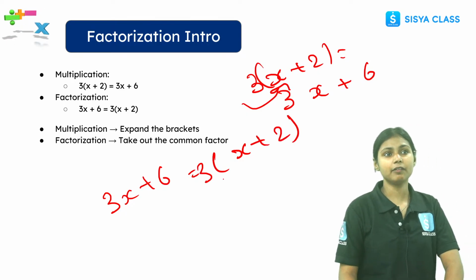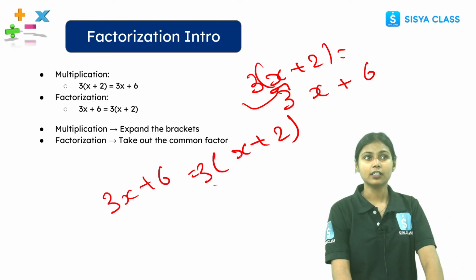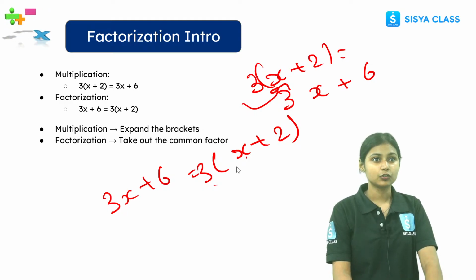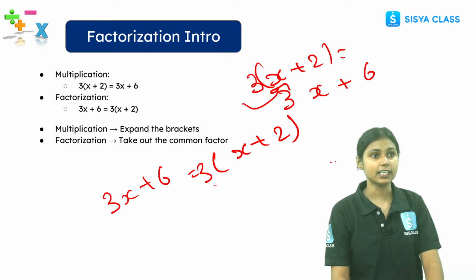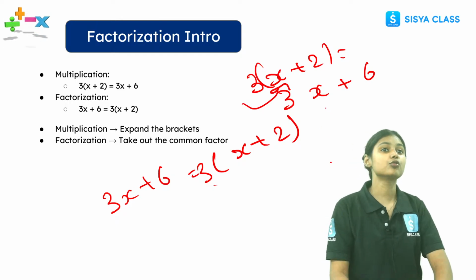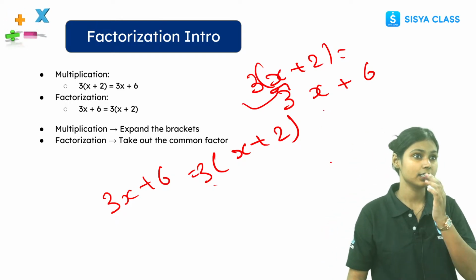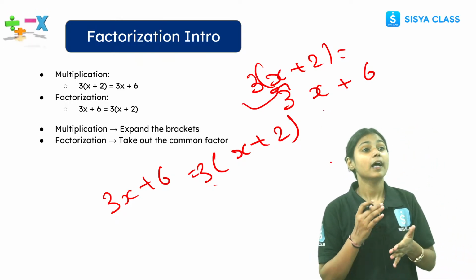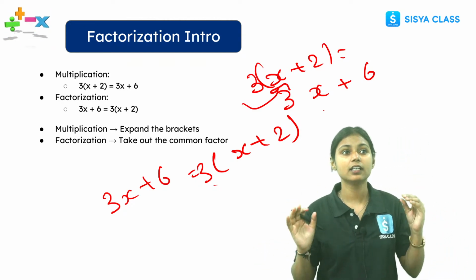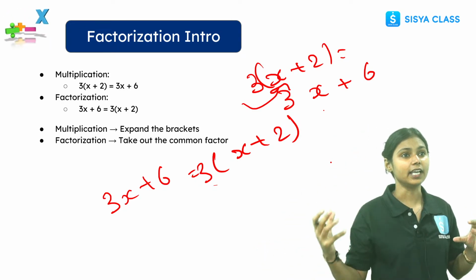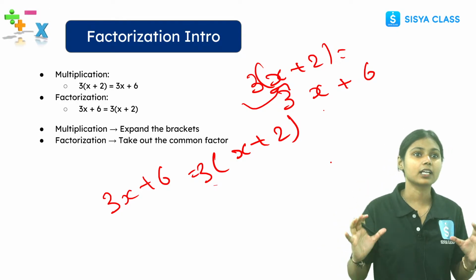Because when we multiply it, 3 times x will become 3x, and then 3 multiplied by 2 will be 6. So that's how we factorize. Factorize simply means the reverse of multiplication, which is expanding the bracket: take out the common factor.